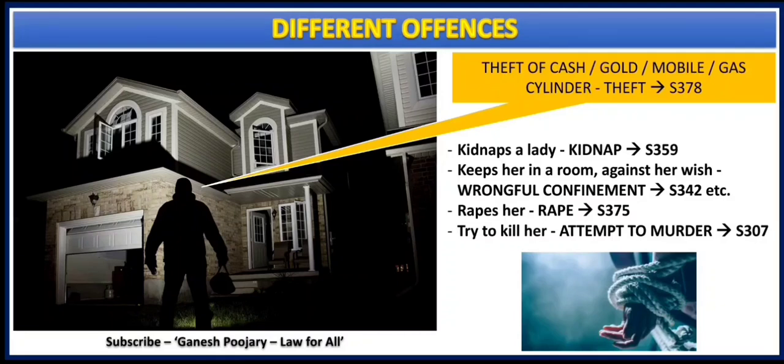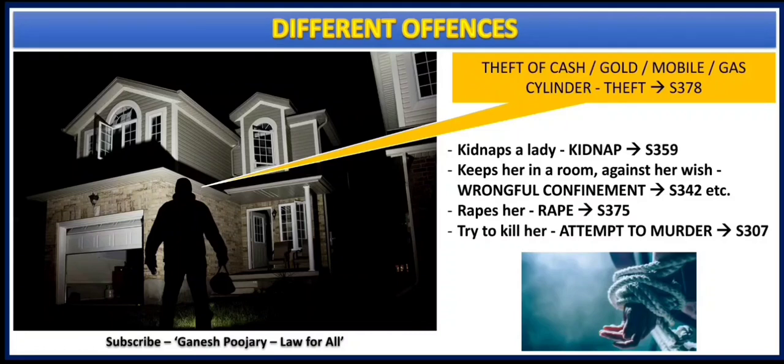Now what is happening here? First, he has committed theft as under section 378, and after that whatever he has committed, that is not coming under theft. First he kidnapped as defined under section 359, then he has kept her in a room, which is wrongful confinement as defined under section 342 and few other sections in continuation to section 342.